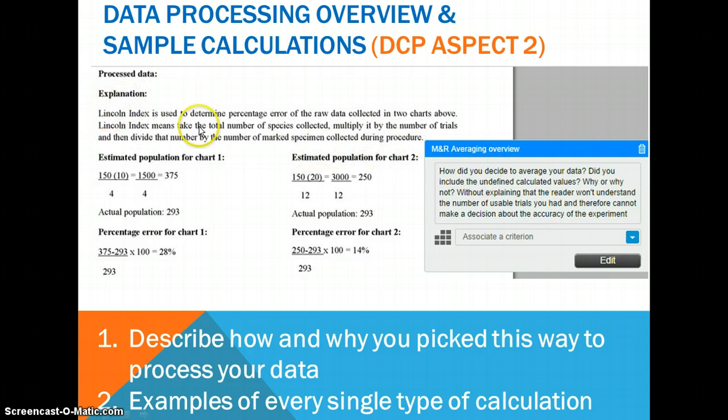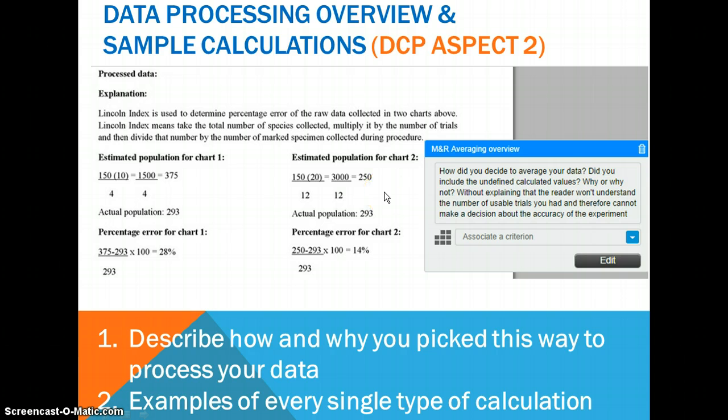I can't see in their overview section how and why they decided to average their data. Somewhere down below I also have comments that I don't see actual equations for what these samples are based on. And I'm also missing sample calculations for averages, and that's a big no-no.